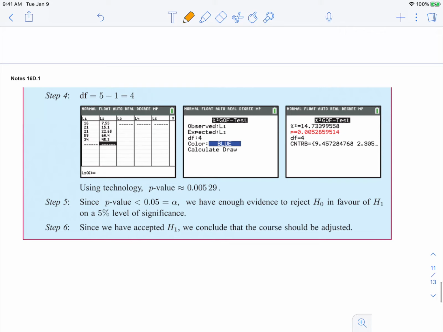Step 4 is you're now moving on to the calculator. You find your degrees of freedom, the number of categories, 5, subtract 1 and you get 4. So now in list 1 is going to be what you observed. List 2 in your calculator is your expected.